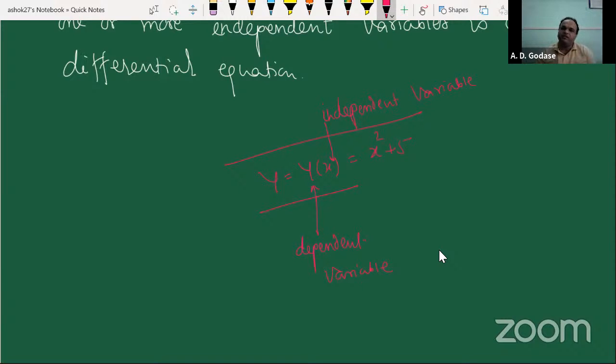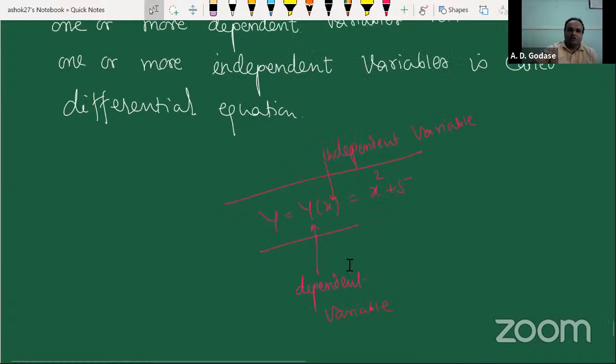So y depends on x, and hence it is called the dependent variable. But x does not depend on any variable, so x is called the independent variable. If we differentiate the dependent variable with respect to the independent variable, that process is differentiation.